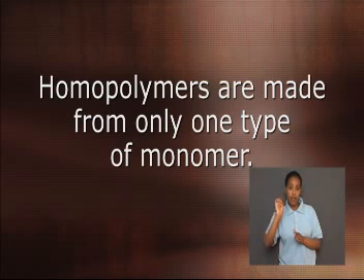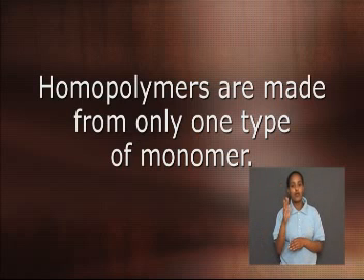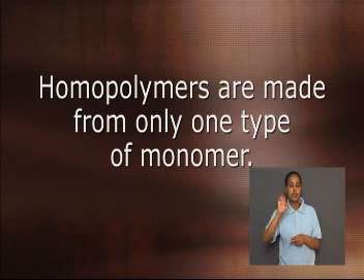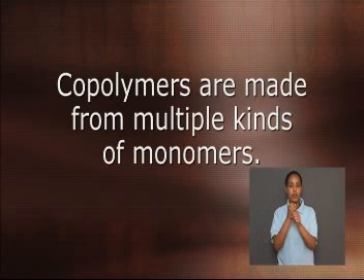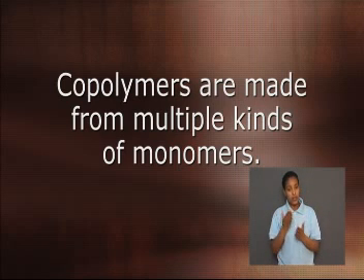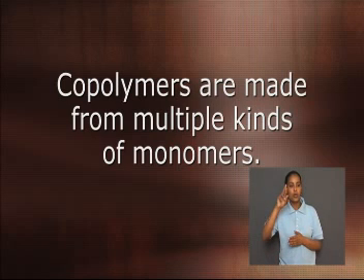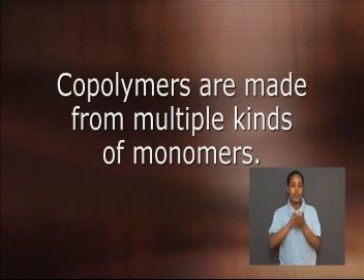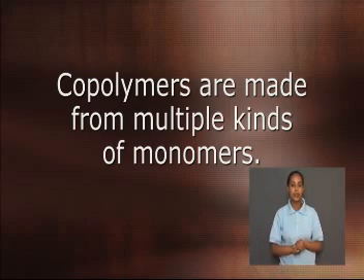For example, polyethylene is synthesized by the polymerization of one type of monomer called ethene or ethylene. Copolymers are prepared by polymerizing more than one kind of monomer unit. For instance, ethene and propene are copolymerized to produce a polymer that has two kinds of repeating units.